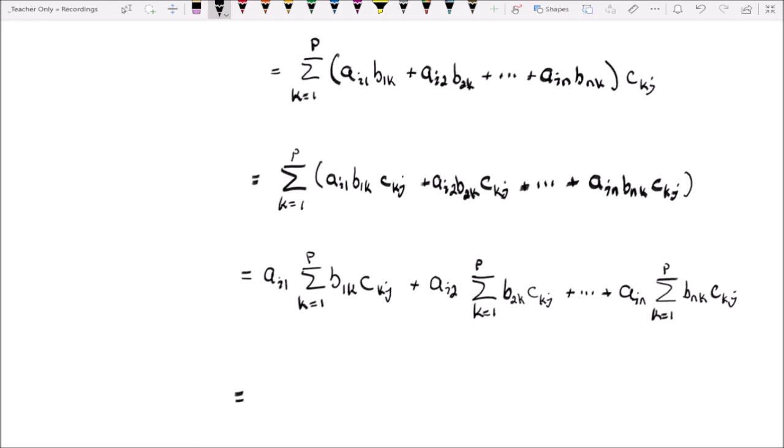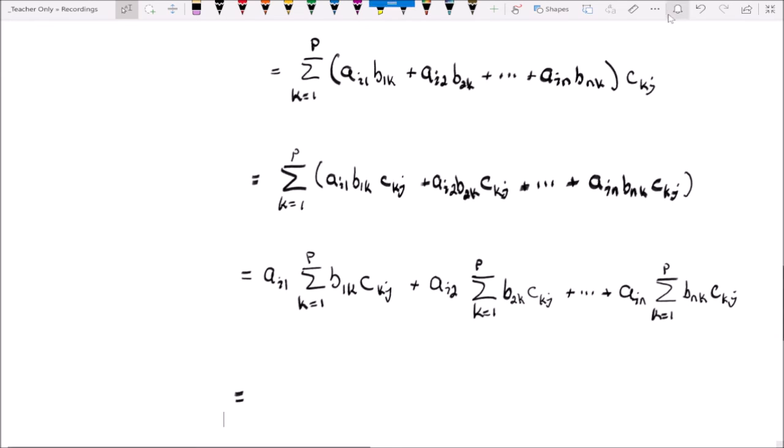But we can write this now as a sum, right? 1, 1 plus 2, 2, right? Plus so on and so forth, plus n, n. So this is itself a sum.